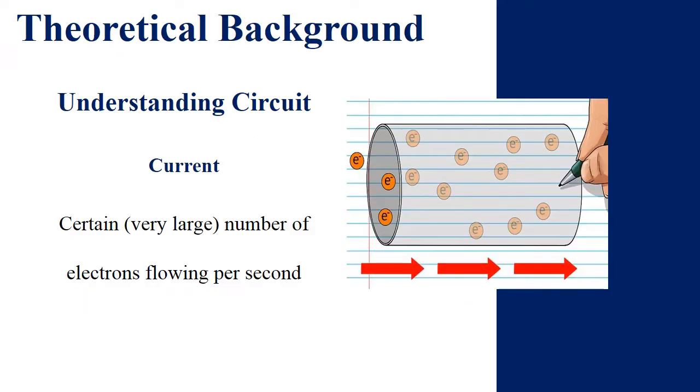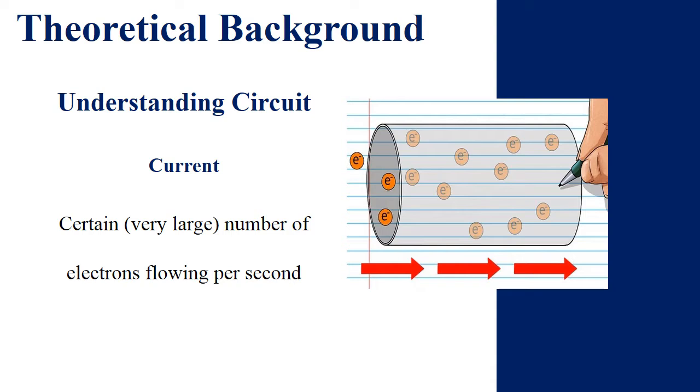Before we can calculate the voltage across a resistor, we will first have to determine what kind of circuit we are using. We basically require a review of the common terms of the circuit. Firstly, the current.